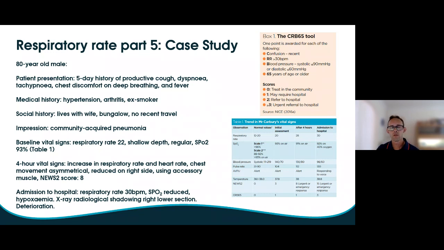The baseline vital signs show a respiratory rate of 22, a little bit above the normal range, but not excessive. They have a shallow depth and regular breathing pattern, and the saturation is 93% on room air.